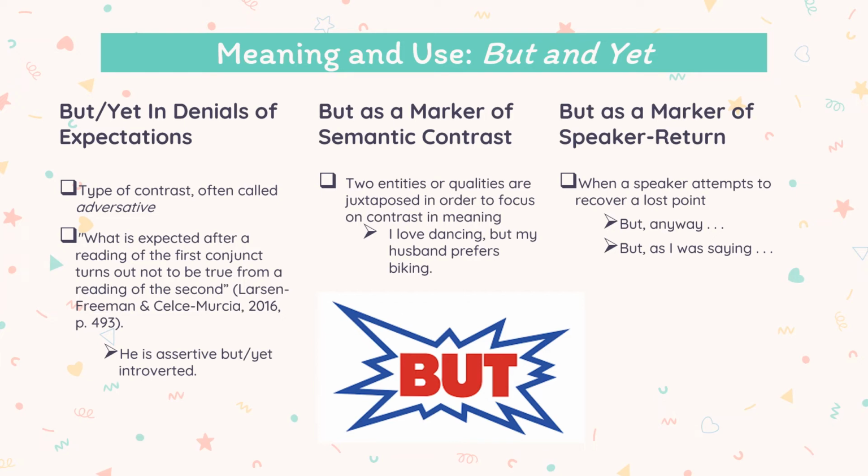What is expected after a reading of the first conjunct turns out not to be true from a reading of the second. So here is an example. He is assertive, but or yet, introverted. Okay, so we're adding that because we can't tell from the beginning that it's going to be true about the second part of the reading.